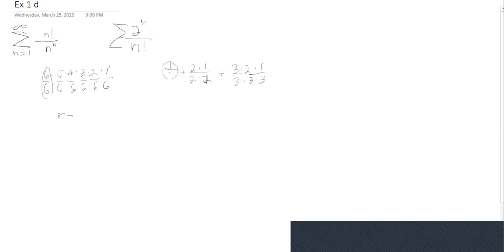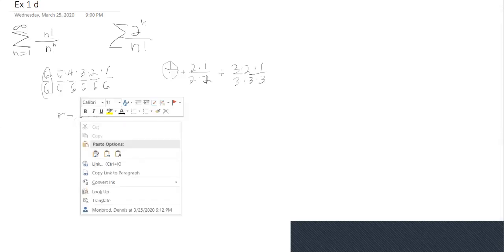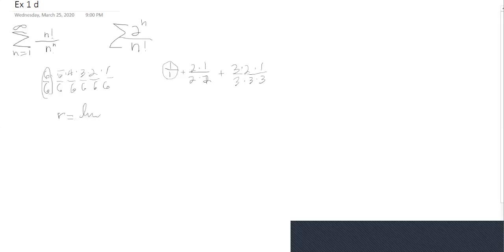You set up your R, and it's this limit as n goes to infinity. And I'm going to just go right in here and set this up: n plus 1 factorial over the n plus 1 to the n plus 1.